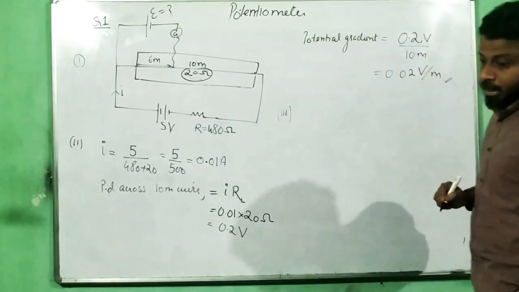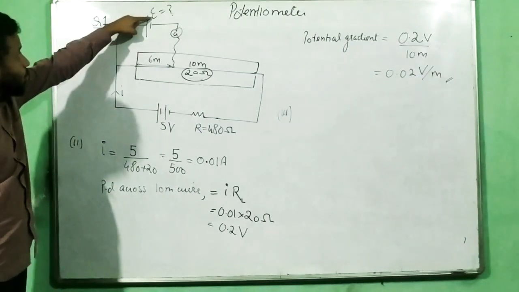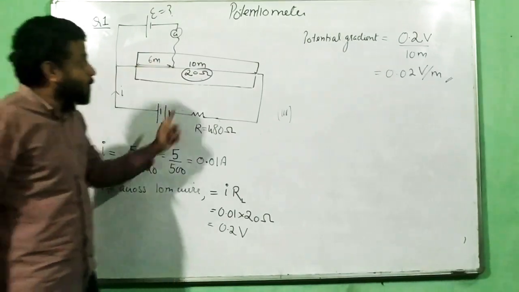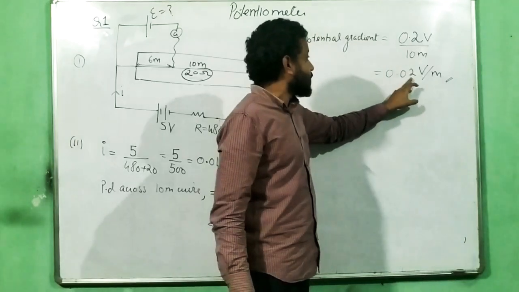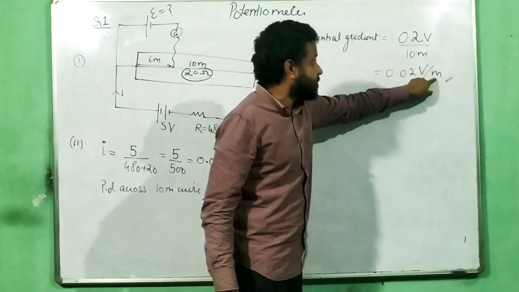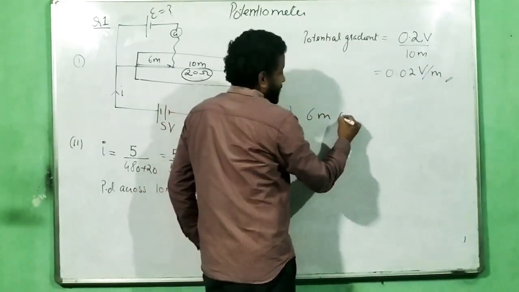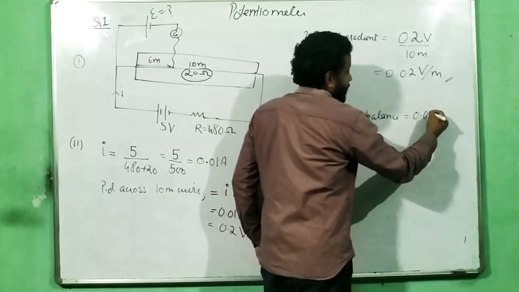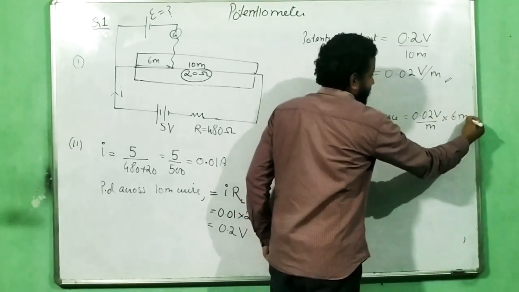Third, now the question is, what is the value of unknown EMF? Now the question says that the unknown EMF is balanced over a length of 6 meter, correct? And my potential gradient is 0.02 volt per meter. That means each meter can balance 0.02 volt. So 6 meter can balance 0.02 volt per meter multiplied by 6 meter.